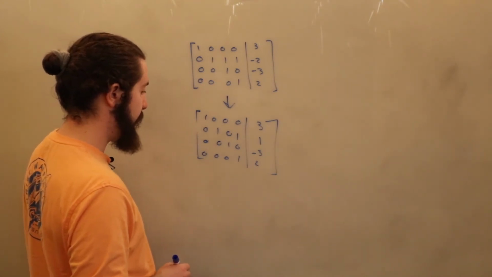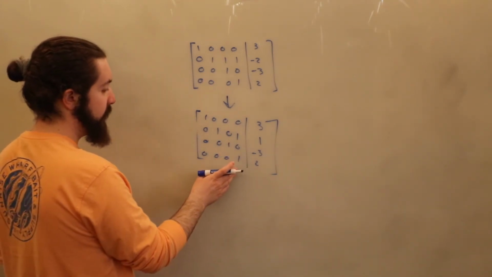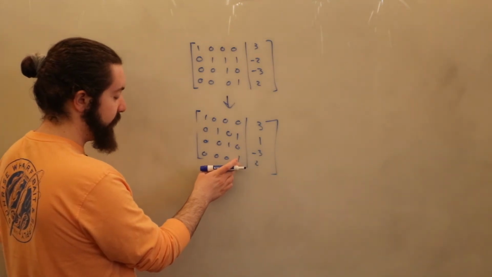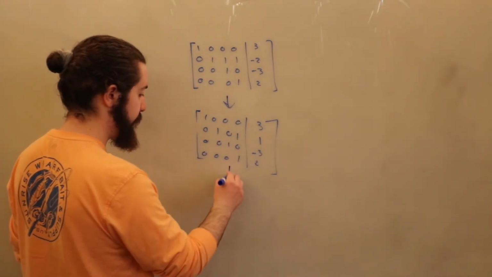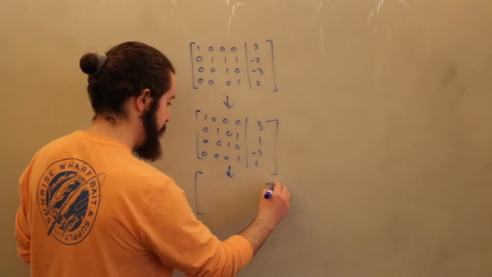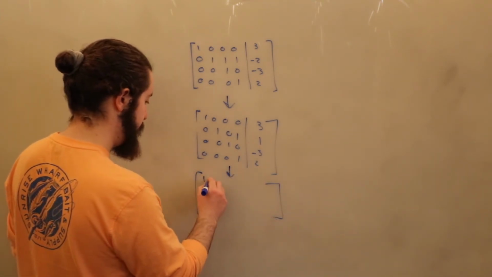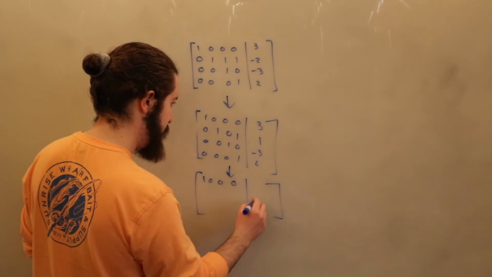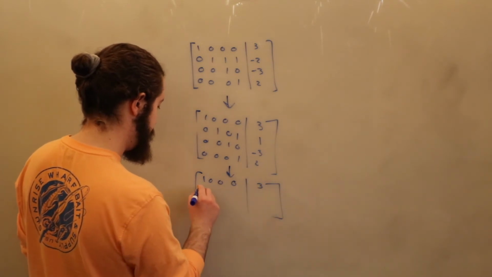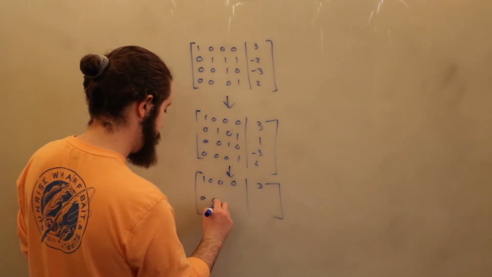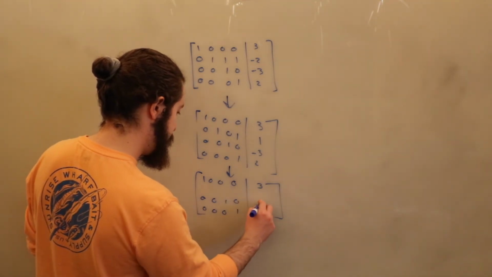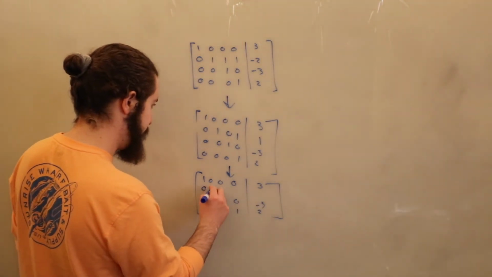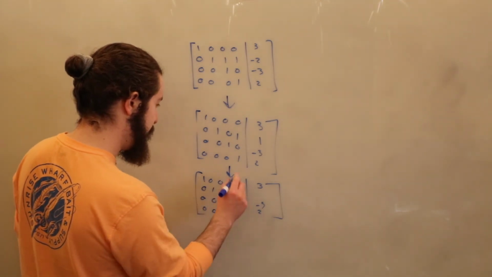One more step. Let's add the negative of row 4 into row 2 here. So that'll give us 1, 0.